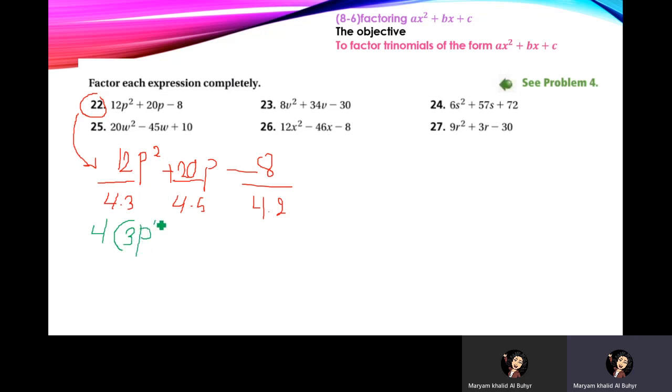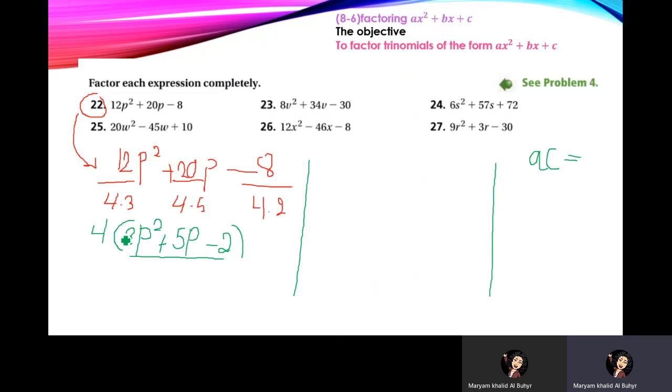3p squared plus 5p minus 2. All right, now I will think about exactly the same idea that I did before. So what is AC? AC is the first number, the one with p to the power 2, times the last.